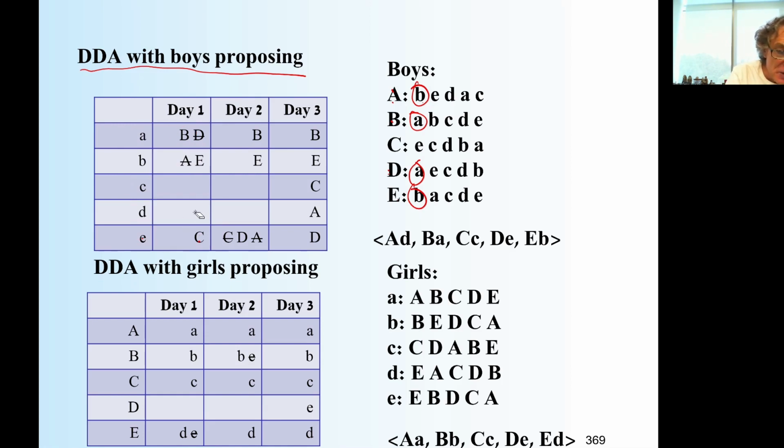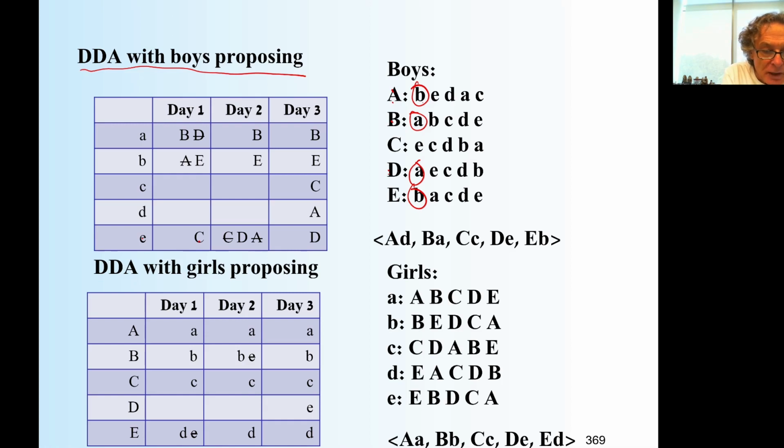Okay, so in the first day it looks like this. Girl E tells C, stay meanwhile, maybe I'll replace you by somebody later on that I will prefer over you.